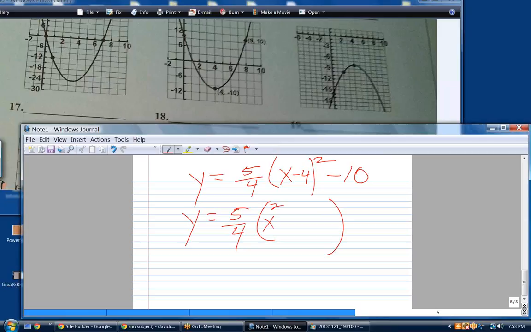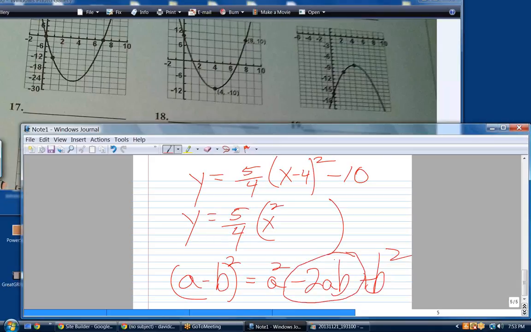What does that turn into? That's a real important thing for you to memorize. A minus b squared is equal to a squared minus 2ab plus b squared. And we're doing x minus 4 squared. Most people tend to forget that middle term. Always remember there's a middle term there.